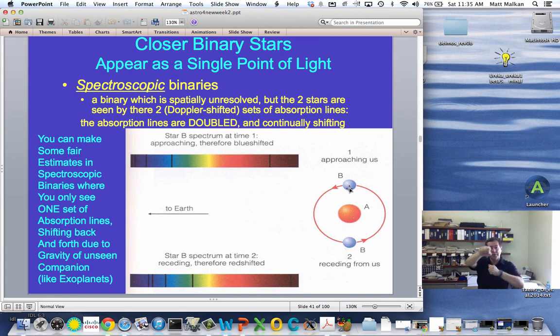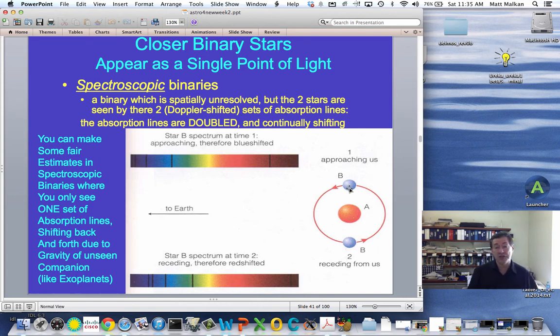That's how an orbit works. This one's coming towards you, this one's going away. Then they're at the same velocity, so the lines will cross over. Now this one is redshifted and this one is blue shifted. Then the lines come together. So the spectral lines are momentarily on top of each other, then they're shifted this way, then on top, then that way, that way.